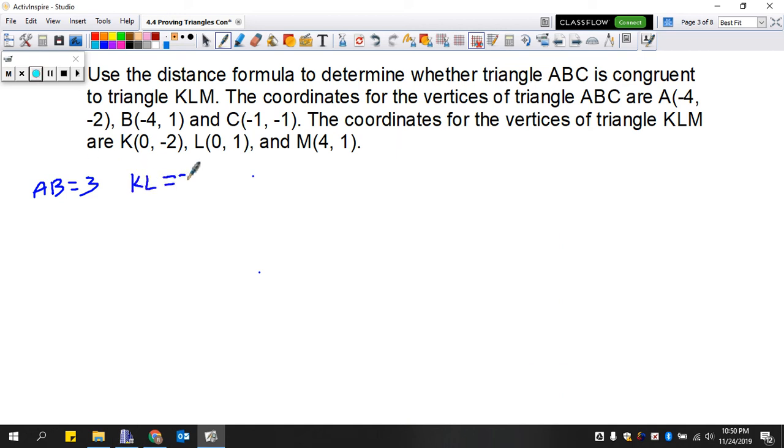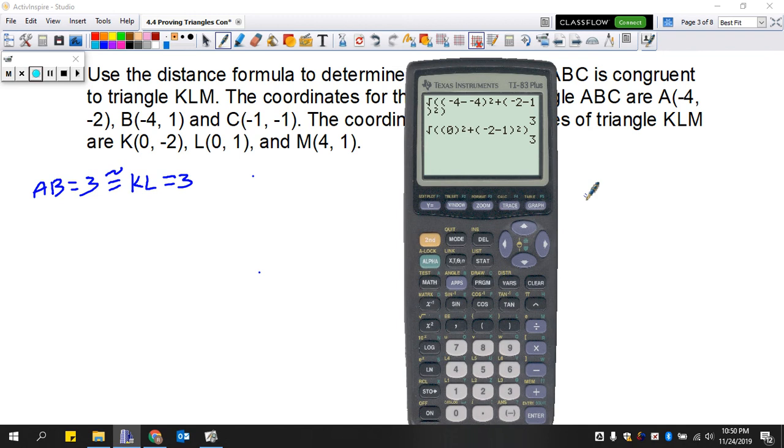So we know that AB and KL are congruent, all right? So let's do BC and LM. BC is, okay, I'm going to clear this out first.